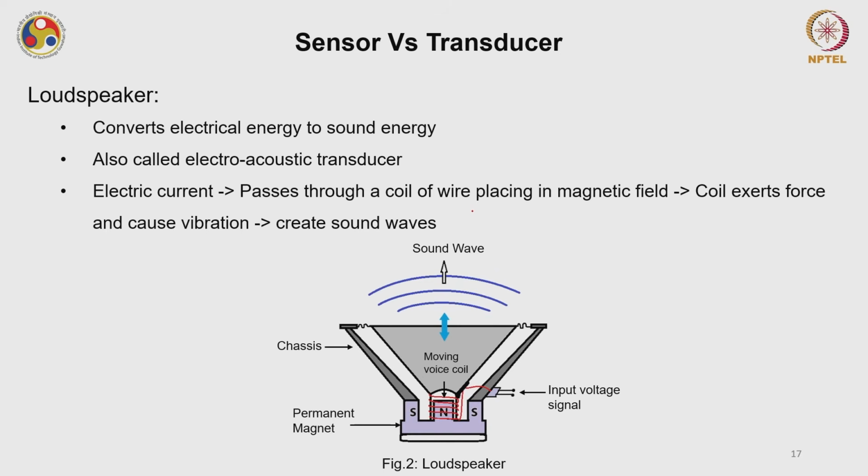That is how a loudspeaker works in a nutshell. So basically you are converting some form of energy to another form of energy, which is a generic statement for a transducer. So this is an example of a transducer.